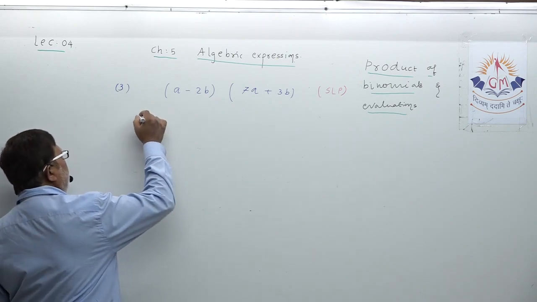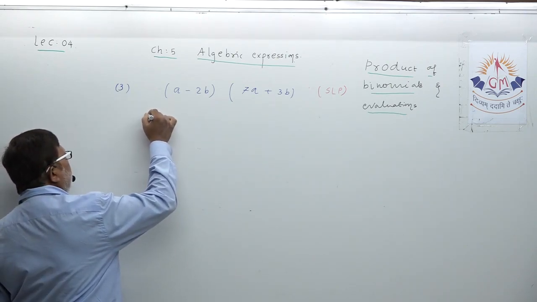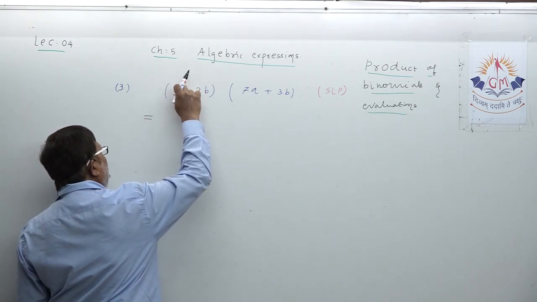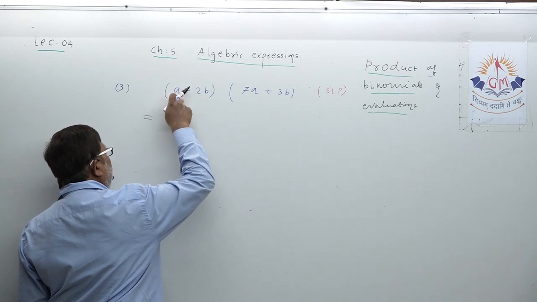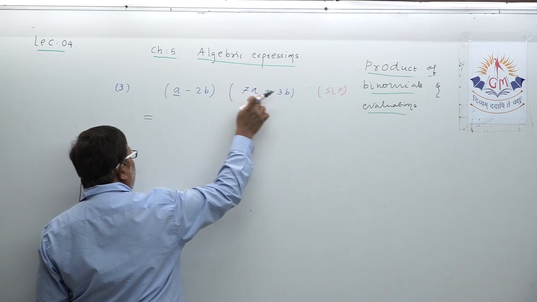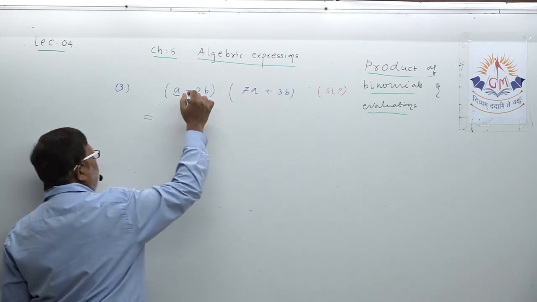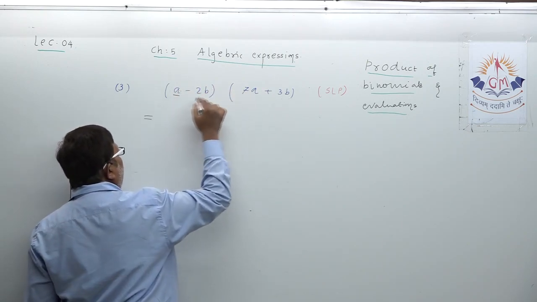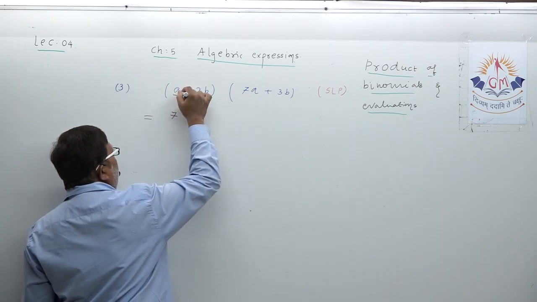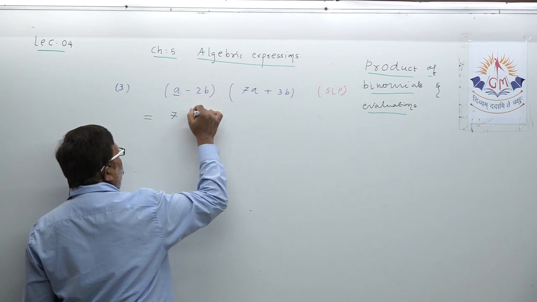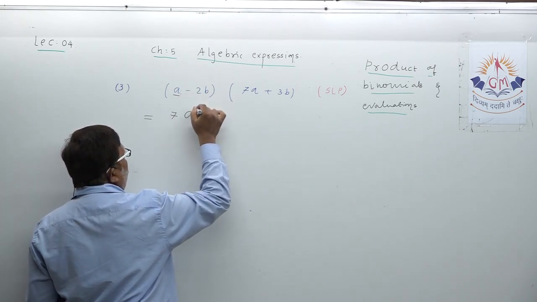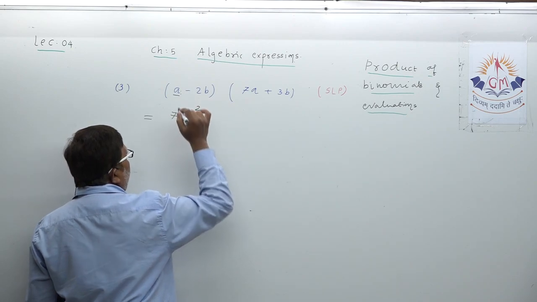Now let me continue this example and you just verify. First term of this binomial should be multiplied with this binomial. a into 7a, 7 ones are 7, similar variable, power needs to be added, a raised to 1 plus a raised to 1, 2.